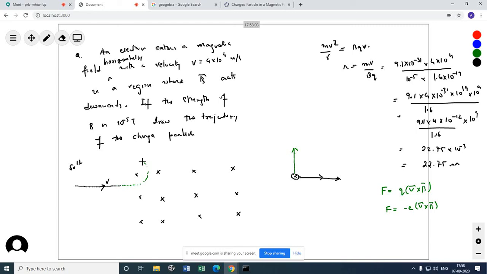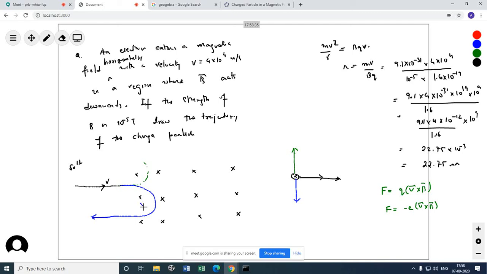Since it is an electron, same force but negative direction, so it will be downwards. So the electron will be entering. This is what I was trying to explain in yesterday's class. This will get more and more clear when we use Fleming's left hand rule. So this is how it will come out.